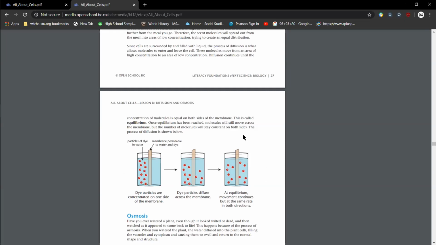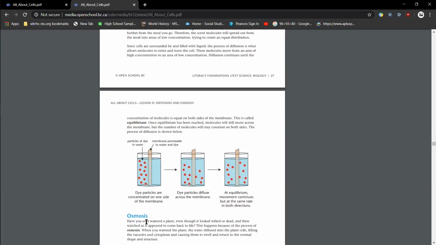And then it's going to reach an equilibrium point. So the dye particles go from really concentrated on one side to equal on both sides. They reach a point called equilibrium. And this point of equilibrium is when the molecules on both sides of the membrane are completely equal.